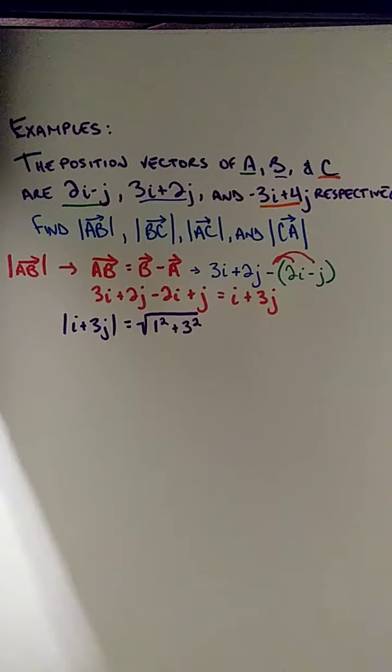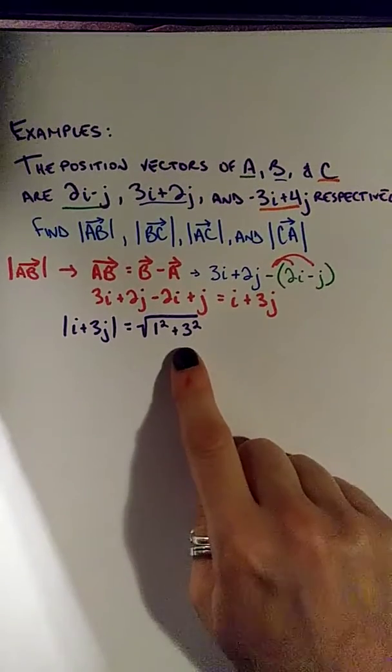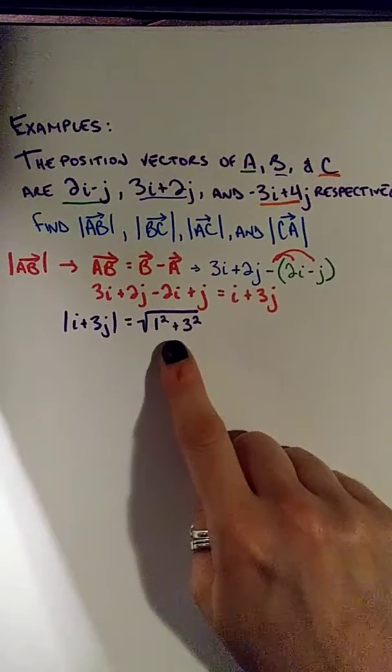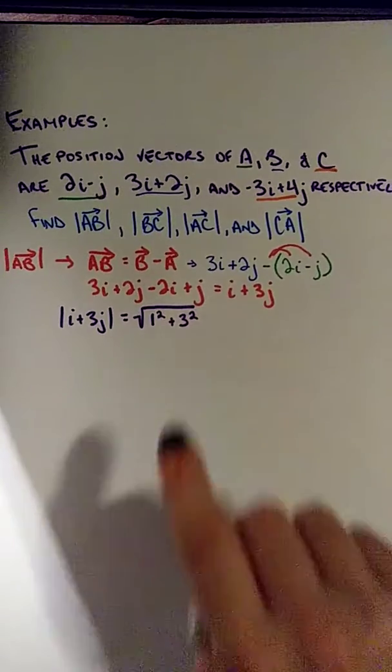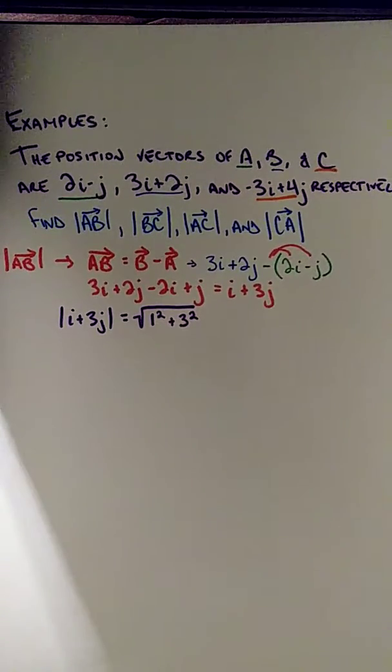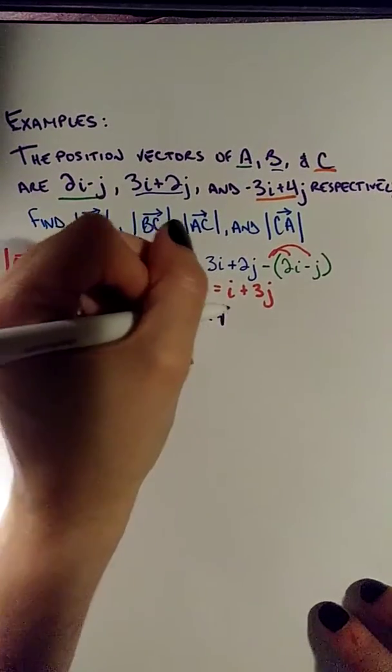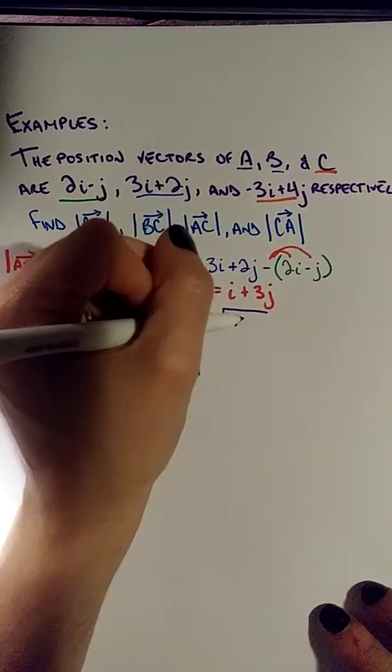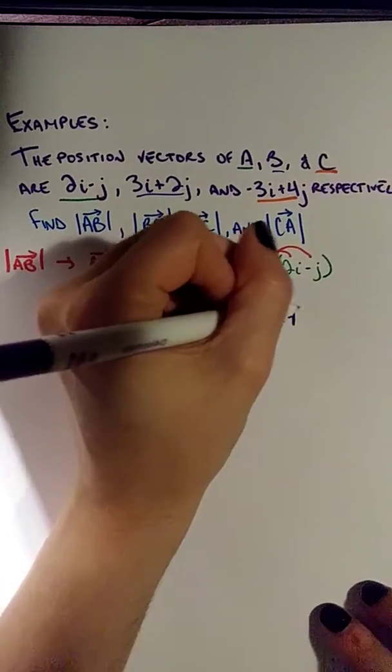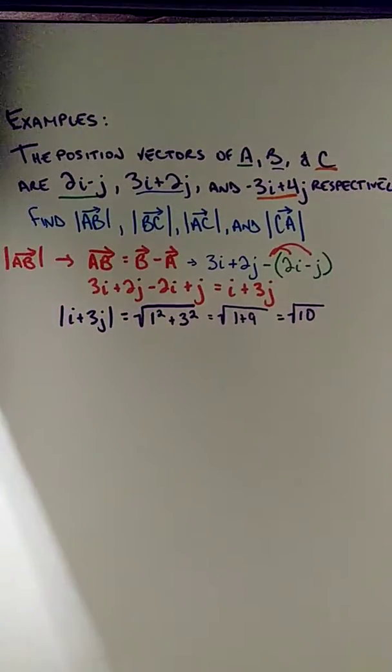Your answer will always be positive numbers being added together. You should never get a negative sign or subtraction inside here. That is always incorrect. It's always going to be positive and addition. So this is going to be the square root of 1 plus 9, which gives me the square root of 10. And that's my final answer. I can't simplify that at all.